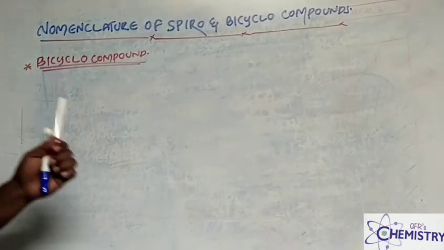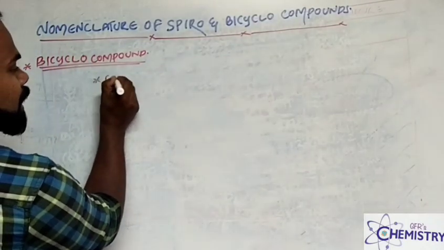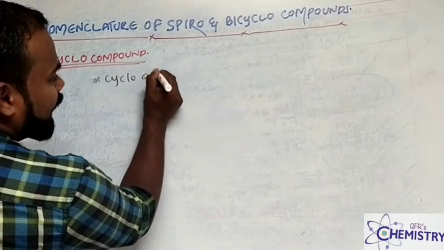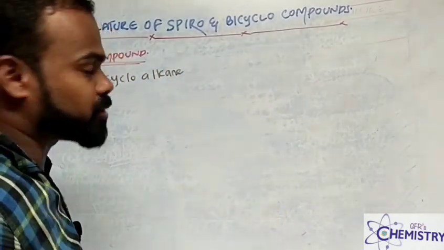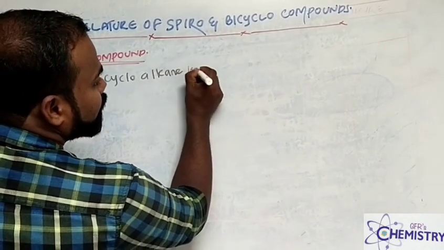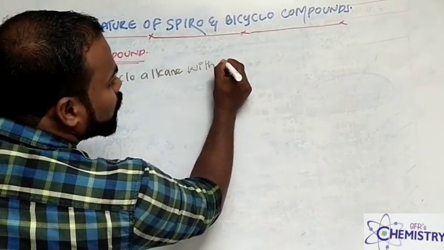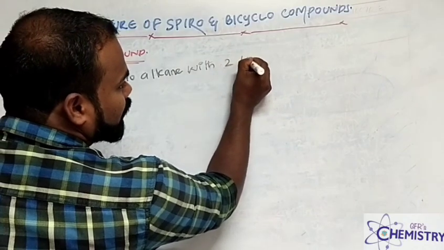Actually, it is a cycloalkane, otherwise alkene or alkyne, meaning a cyclic hydrocarbon with two rings. That is very important.